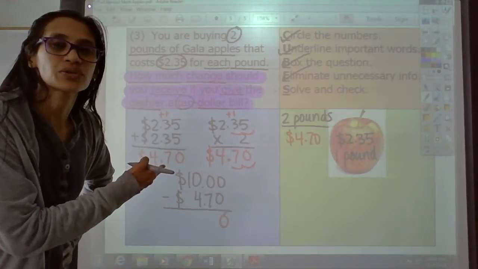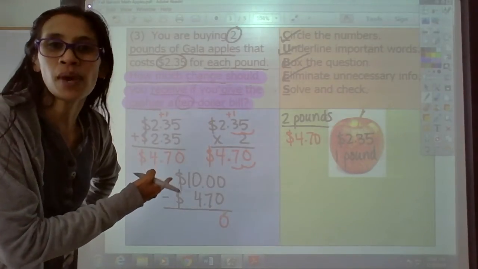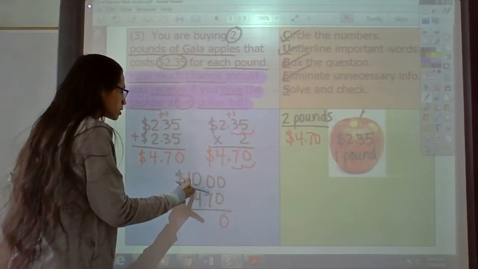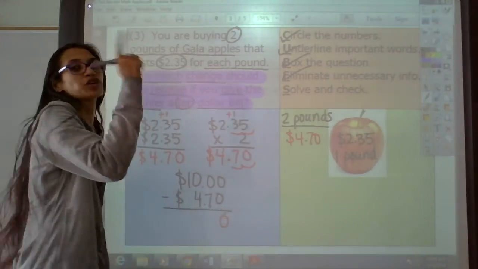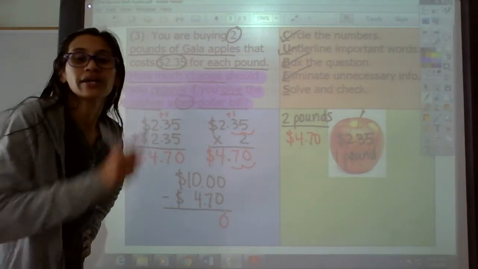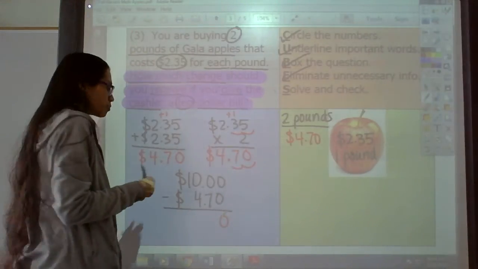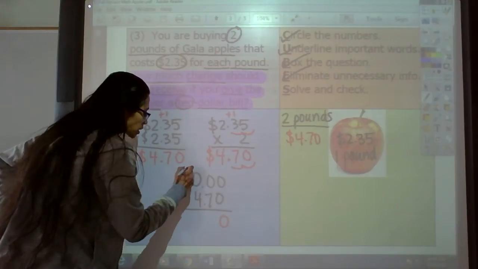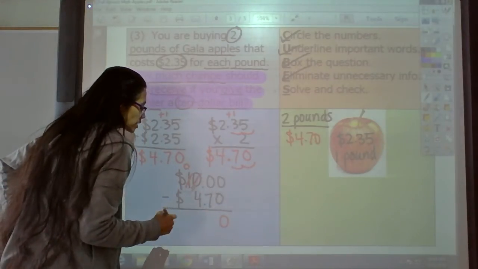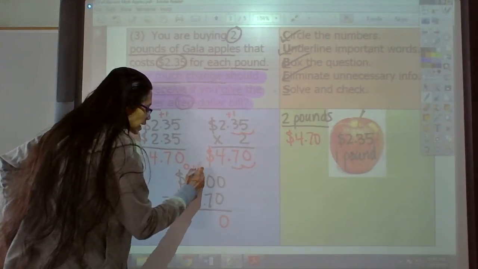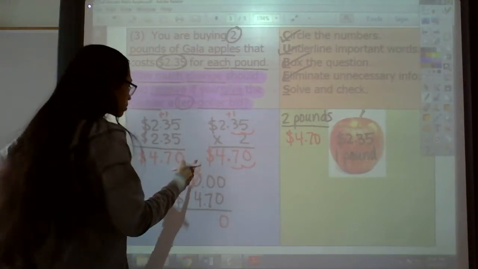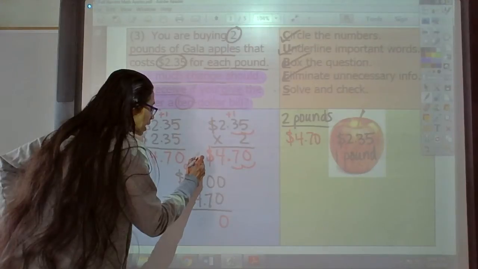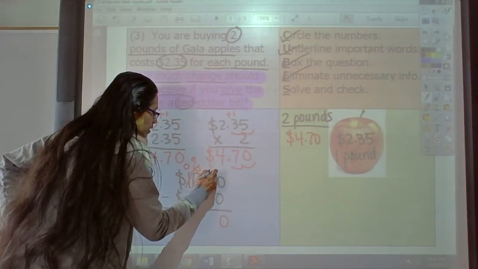That 0 has no money, so it needs to borrow. Hey, 0, I don't have anything either. Hey, we got that friend number 1. That number 1 always has something for us to borrow. Now that 1 becomes a 0. That 0 becomes a 10. But since that 0 has to borrow, this 10 becomes a 9, and that becomes a 10.